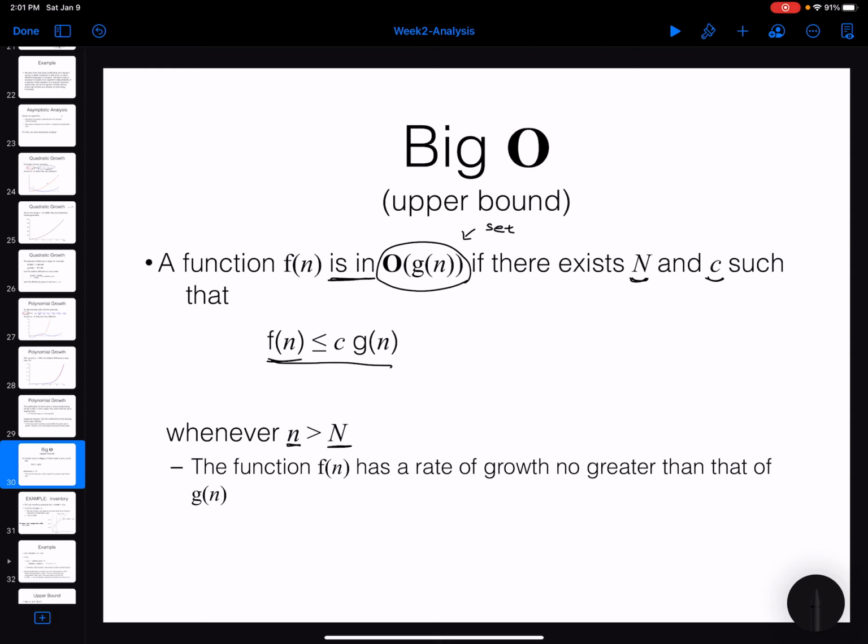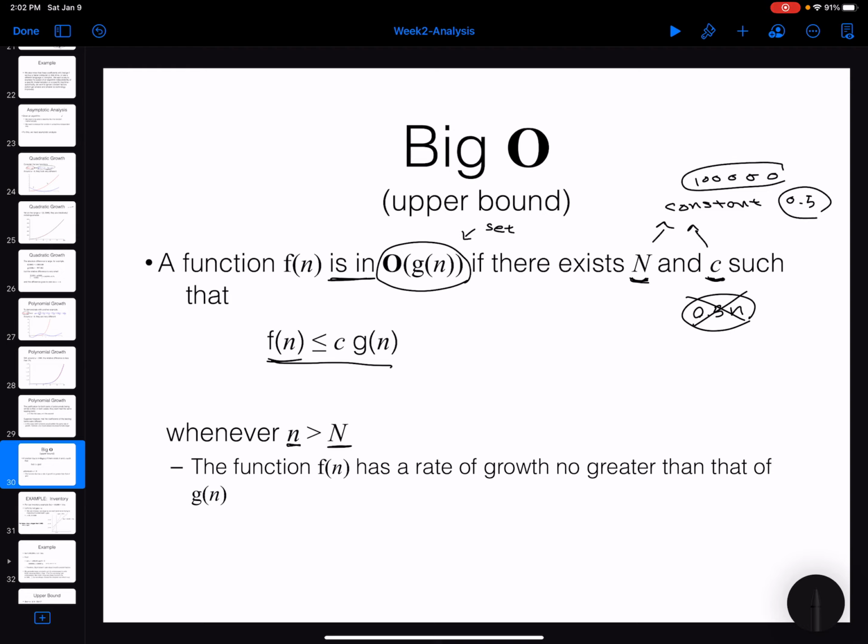Be careful, both N and c should be constant. It doesn't matter if it is, for example, 10 million or 0.5, it doesn't matter how big the numbers are, it shouldn't be something depending on n. So they cannot be something like 0.5n. This is not constant. By constant I mean just a fixed number.